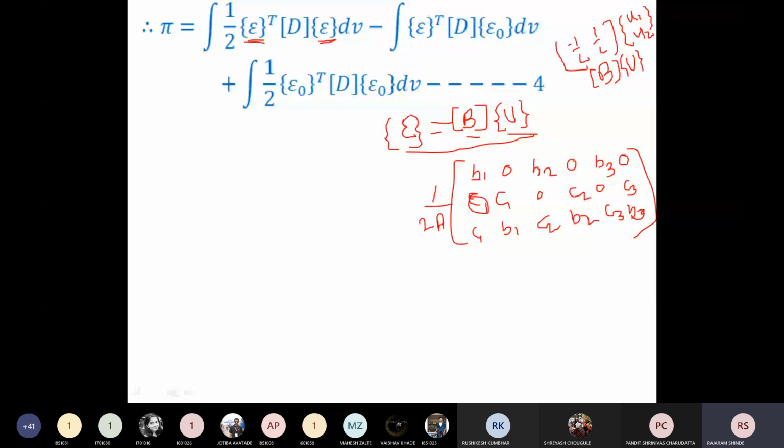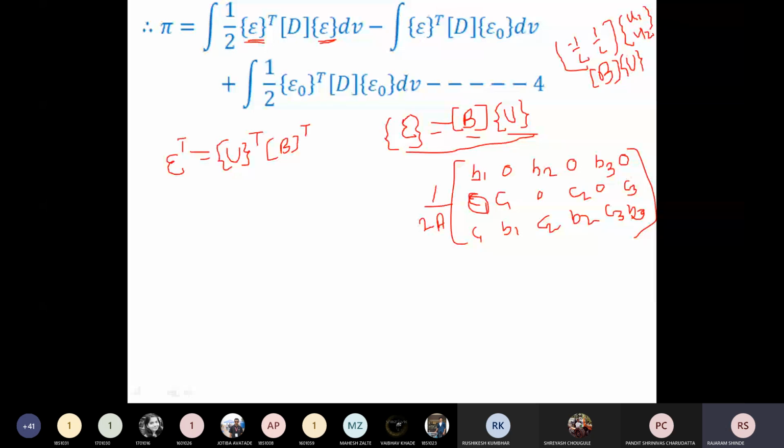See here, epsilon is equal to B into u means epsilon transpose is equal to u transpose into B transpose. You have to remember this. You have seen this in matrices also. Epsilon transpose is equal to u transpose into B transpose.